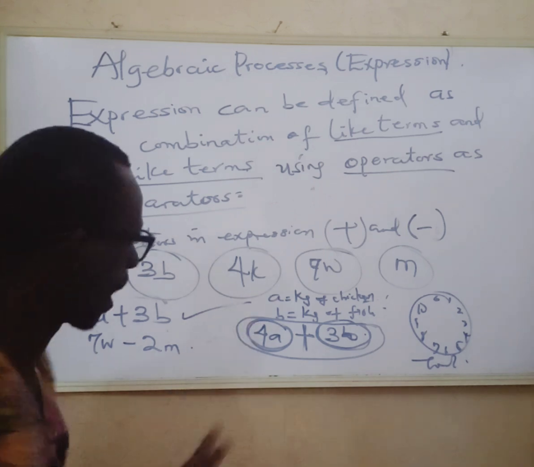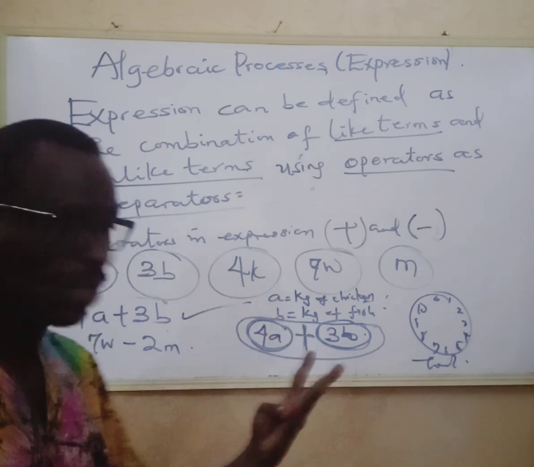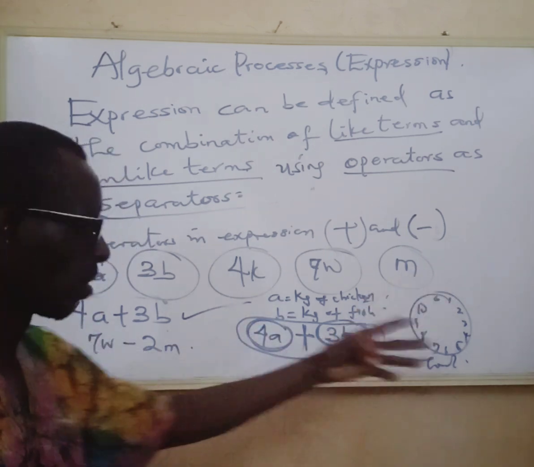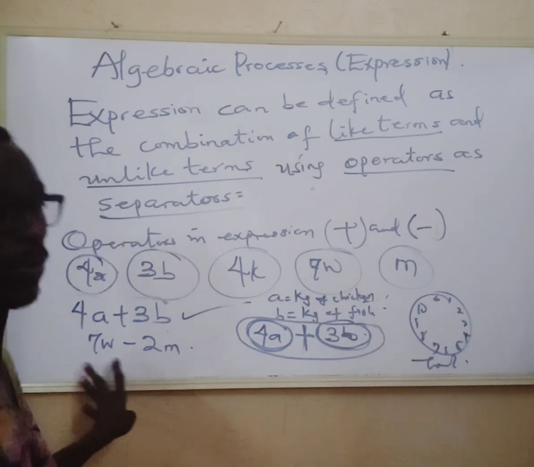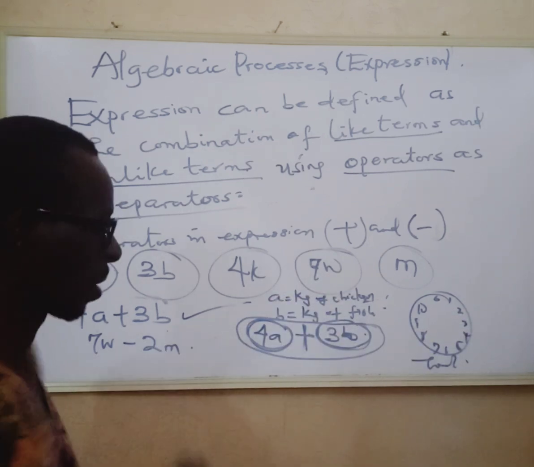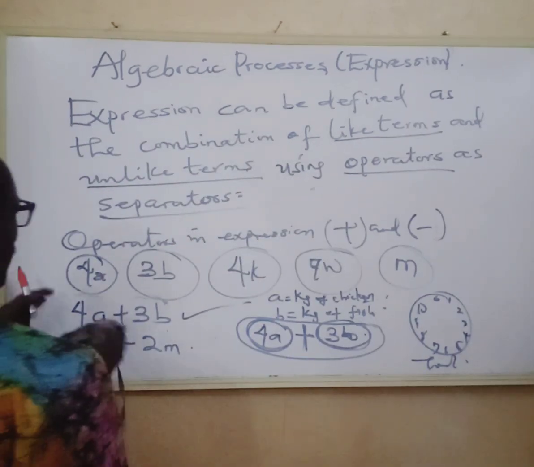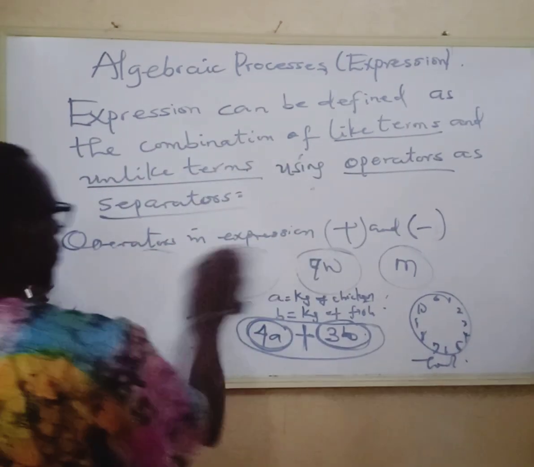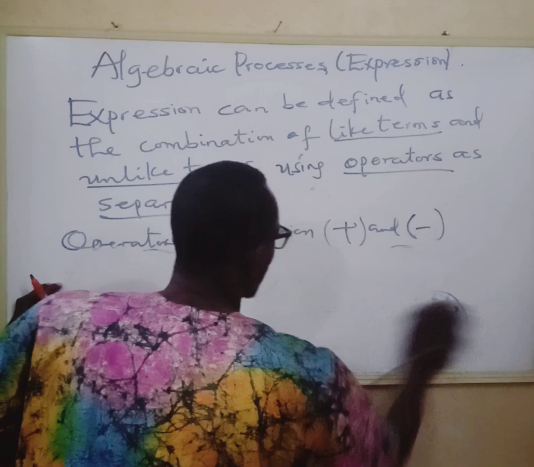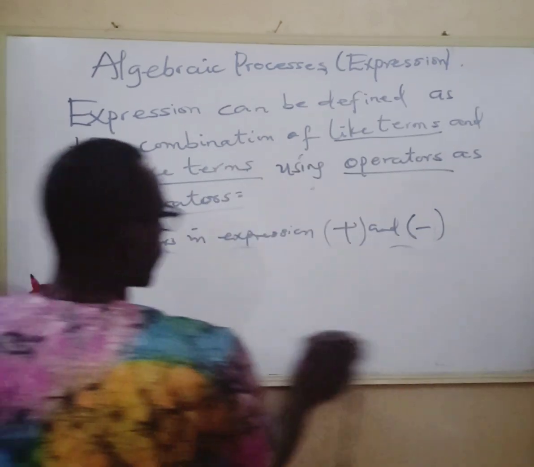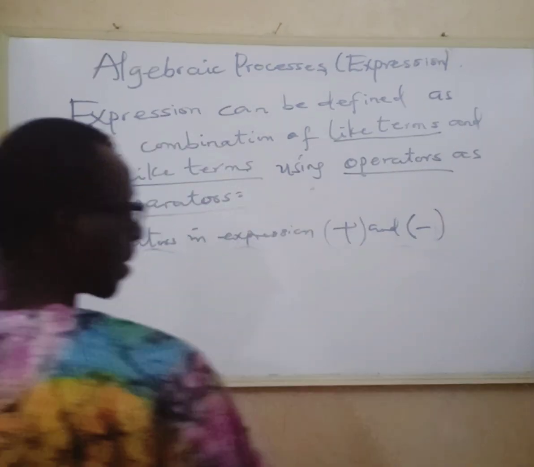You can easily apply any desirable application of the concrete aspect to any of these expressions. So let's look into the combination of expressions. Combination of terms in an expression.